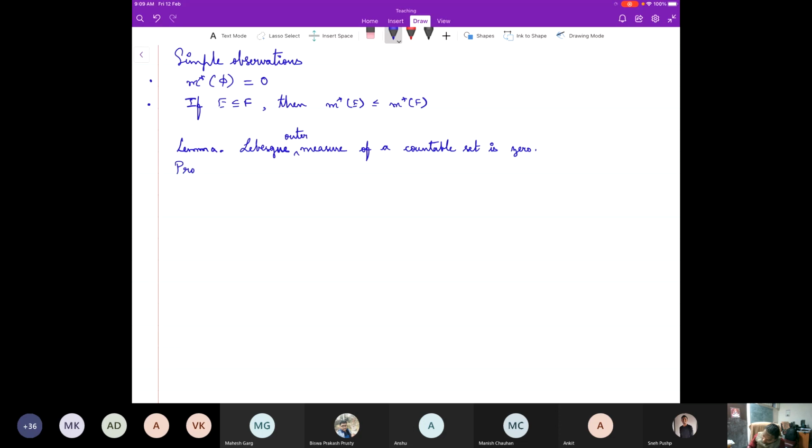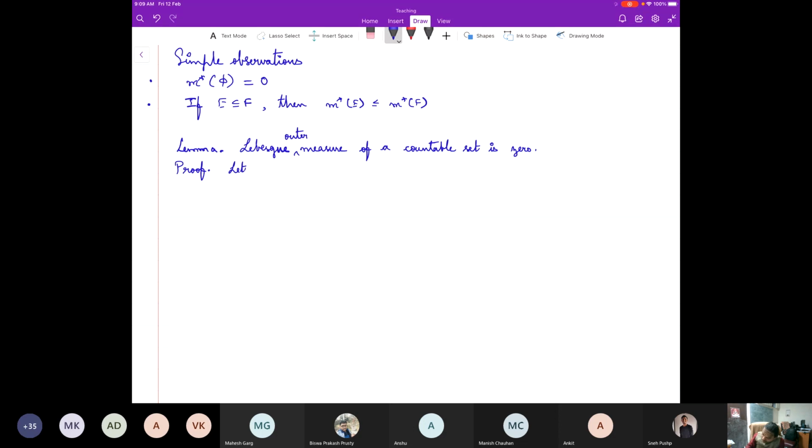How do you show this? Each point a can be contained in some (a minus epsilon, a plus epsilon), and then we take (a minus epsilon by 2, a plus epsilon by 2), then by geometric series we get that, done.